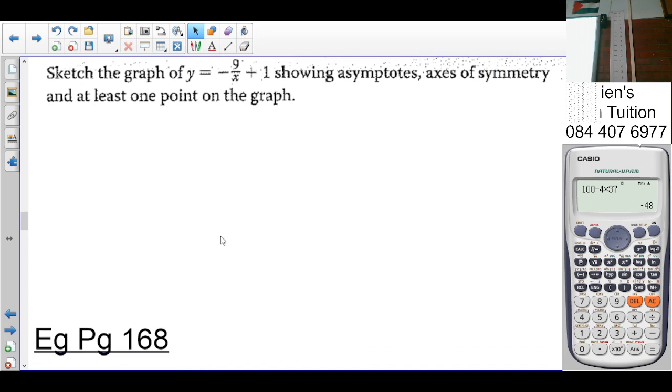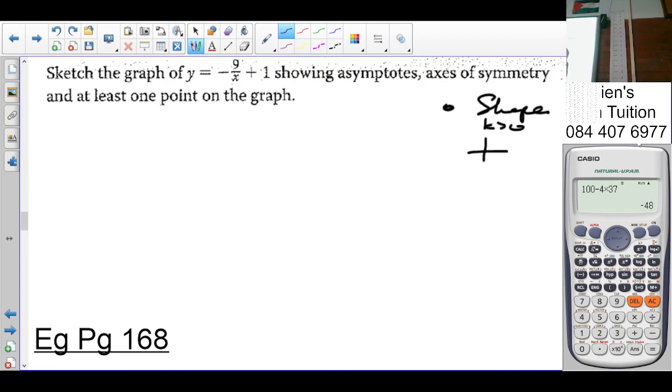Right. The question says sketch a graph y is equal to negative 9 over x plus 1, showing asymptotes, axis of symmetry, and at least one point on the graph. So how do we start? We always start off with the shape of the graph. So you go shape. If k is greater than 0, those two quadrants. Or if k is less than 0, those two quadrants. Then we work out our x-intercept by letting y equal to 0.